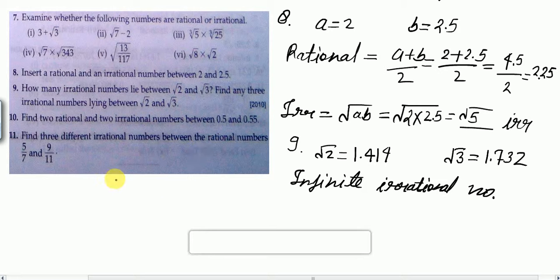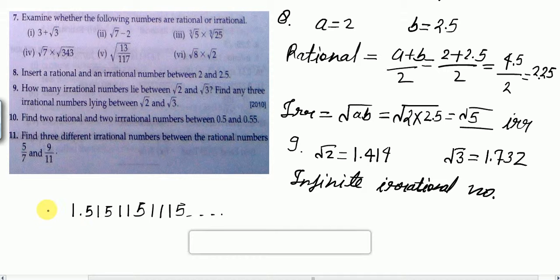So we assume any value between this and this. So we take 1.5151151115 and so on, and this is an irrational number.